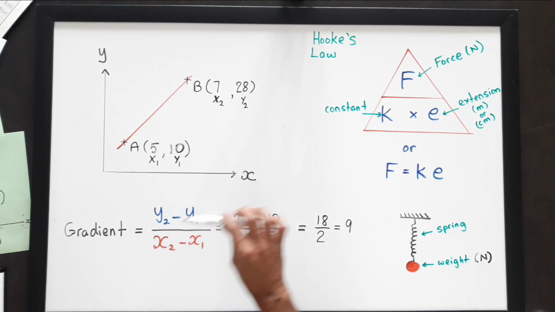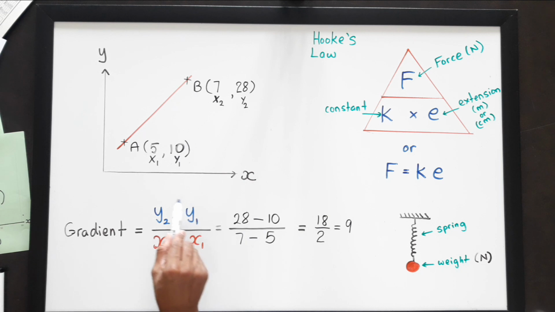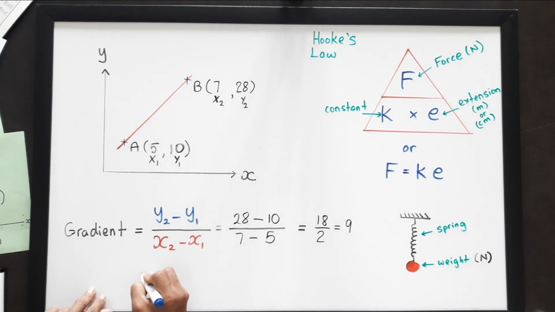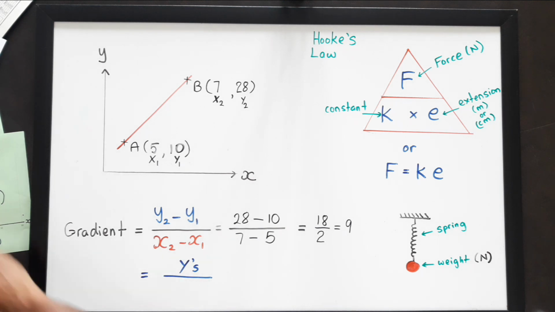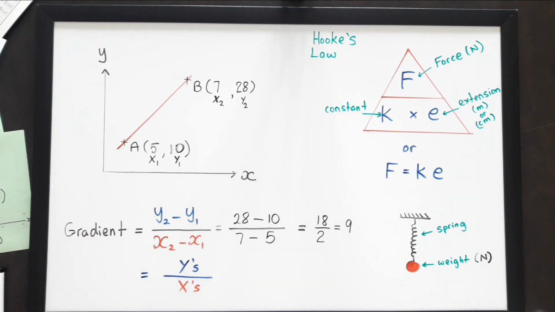For gradient, at the end of the day, what we're really doing is taking the y values and dividing them by the x values. So basically, you can see it like this. Gradient, you're taking the y's and dividing them by the x values, right? So gradient is just basically the y's divided by the x's, just to really simplify.